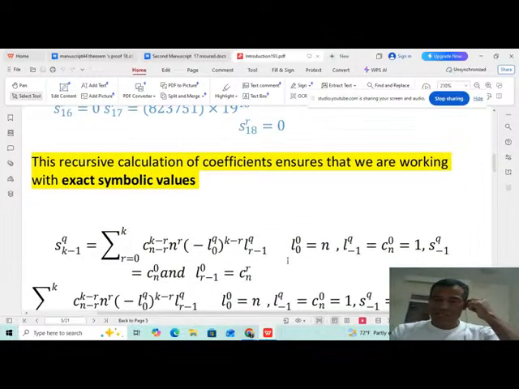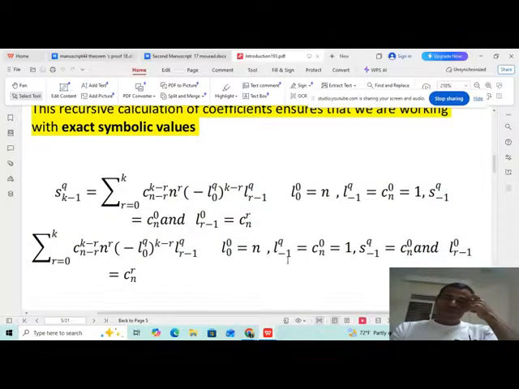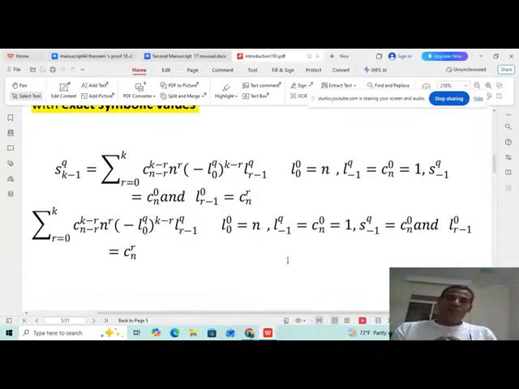We can use a calculator. This recursive calculation of coefficients ensures that we are working with exact symbolic values. By convention, we admit that s minus 1 is going to be equal to 1.